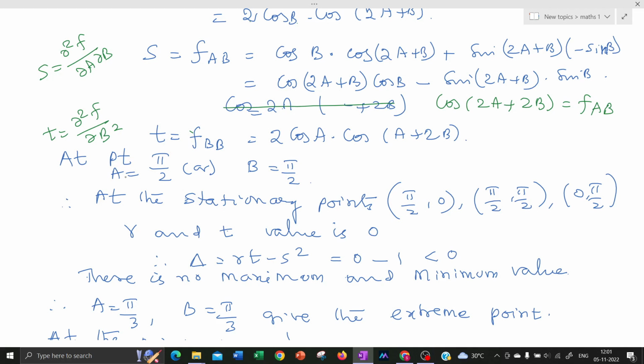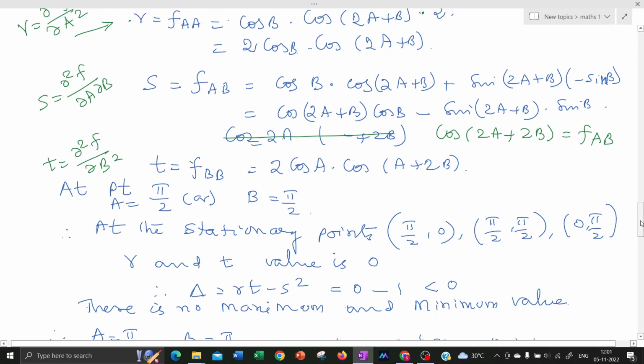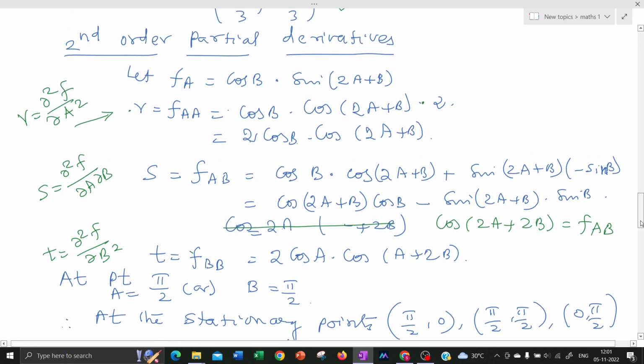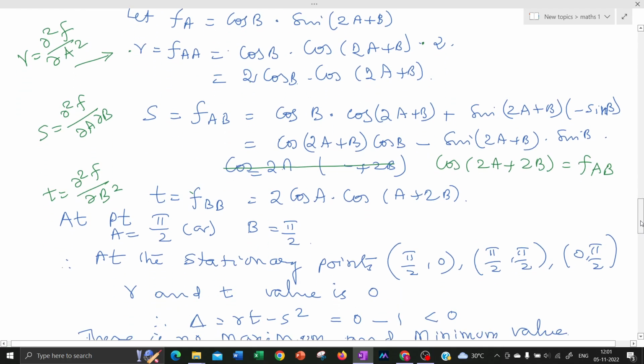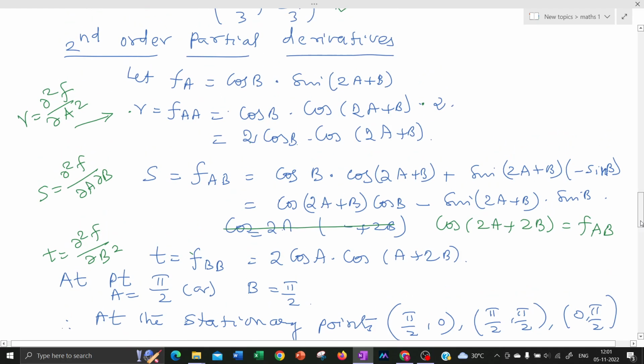So at the point a equal to pi by 2, b equal to pi by 2, see the r value. Cos b is there. In case b is pi by 2, what happens? Cos pi by 2 is 0. So wherever cos a, cos b is there, that will be 0.